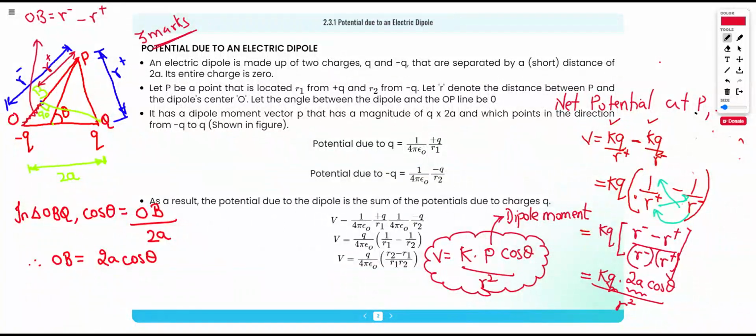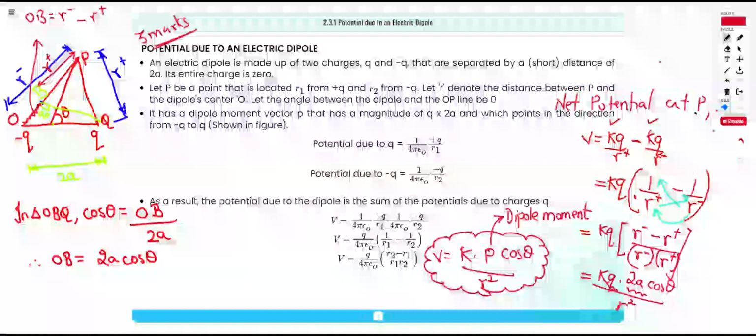Now I want to discuss with you what will be the value of V when P is at perpendicular, 90 degrees. What will be the value of V when P is on the same line, parallel, and when it is anti-parallel to the charges?